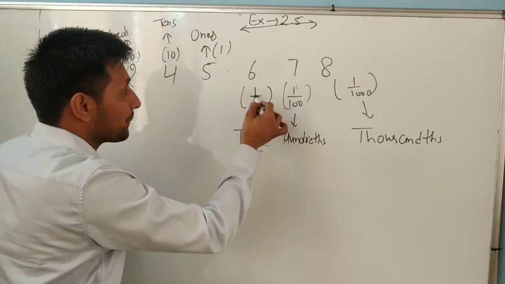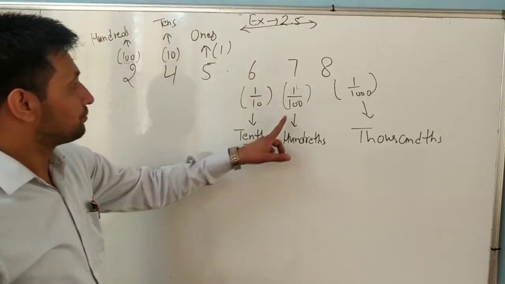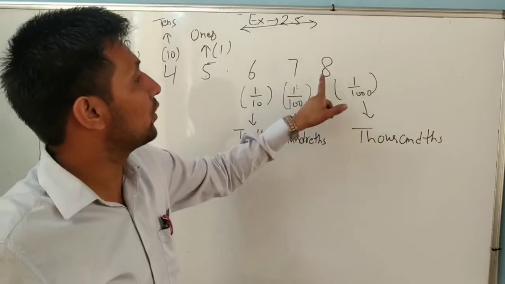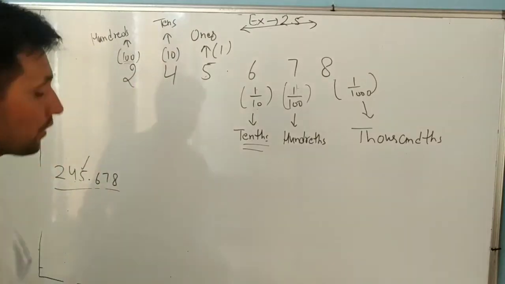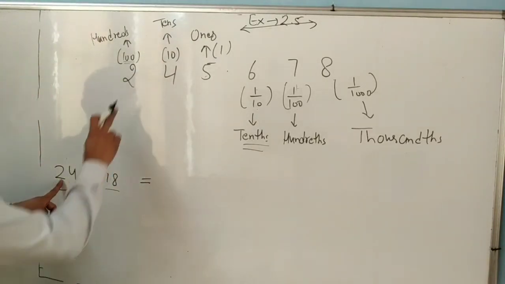Tenth means 1 upon 10. And next, place value of 7 is hundredth, 1 upon 100. Place value of 8 is thousandth, 1 upon 1000. And how will we write in expanded form? Look at it. What is place value of 2? 100.